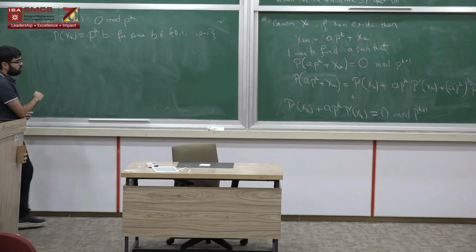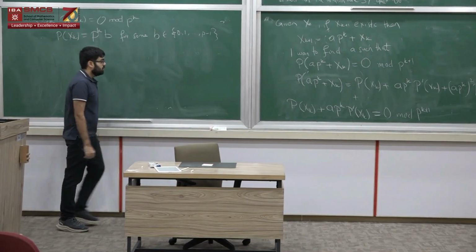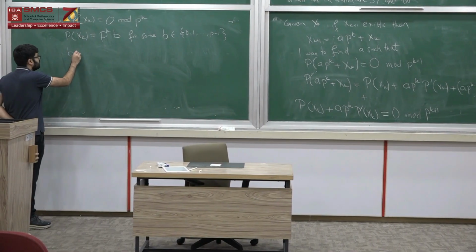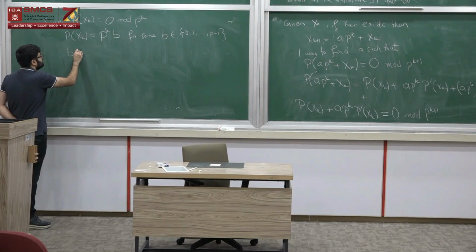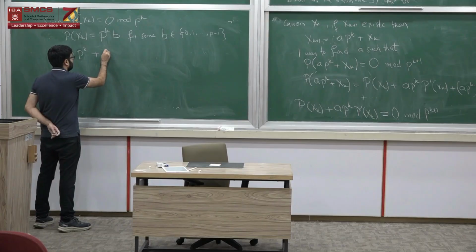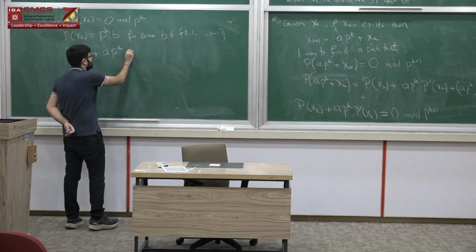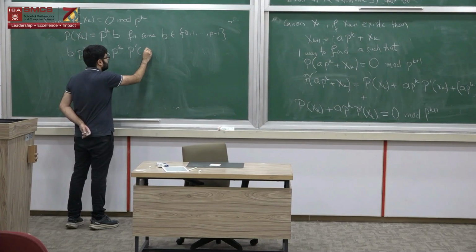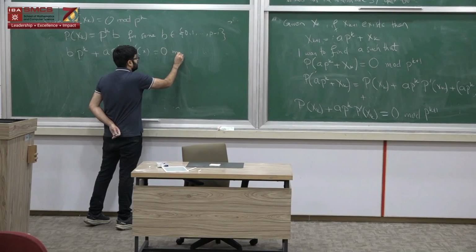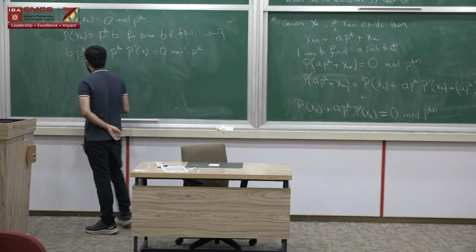And so the equation I want to solve is again very simple. It is just a linear equation which looks like b times p to the k plus a P prime of xk is 0 mod p to the k.